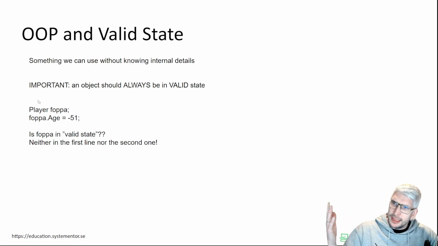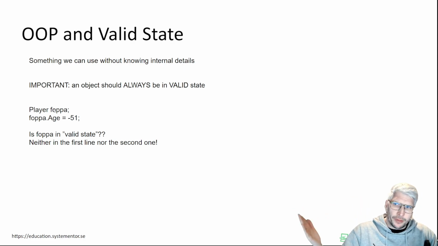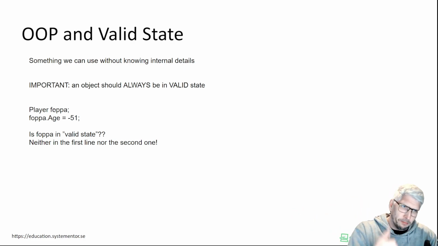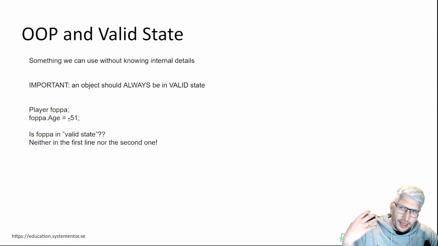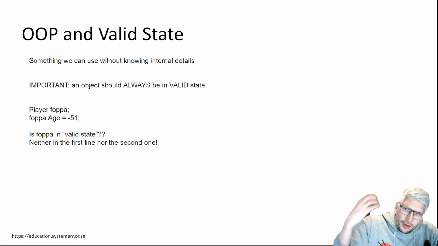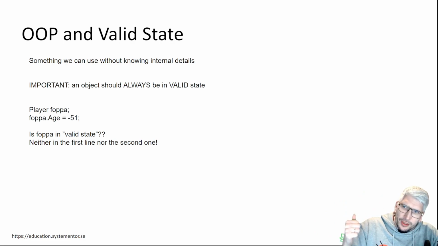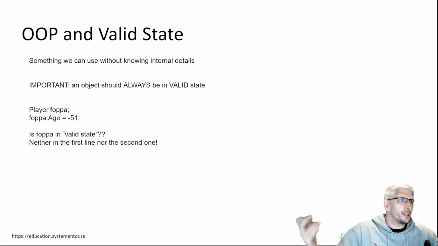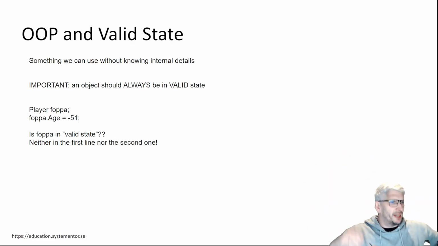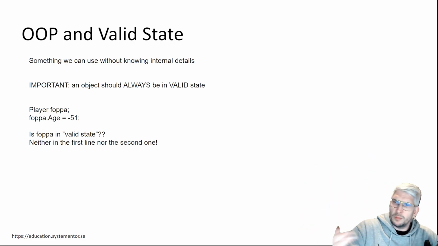The first one is this: even after the first line, we can kind of agree that after the second line the object is in an invalid state, but it is also in an invalid state after the first line. We haven't set the age, so how old is he? We have no idea. Is he 0 or whatever?